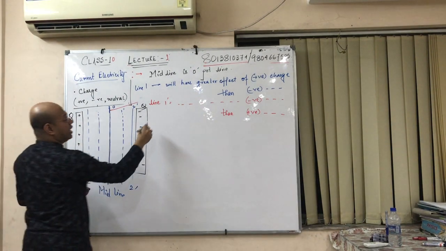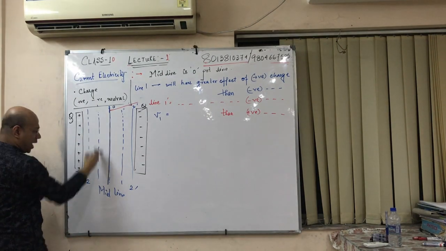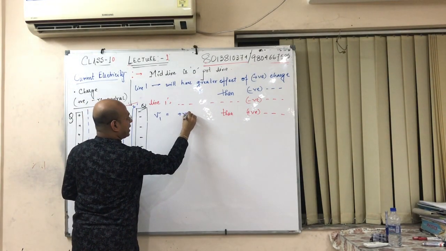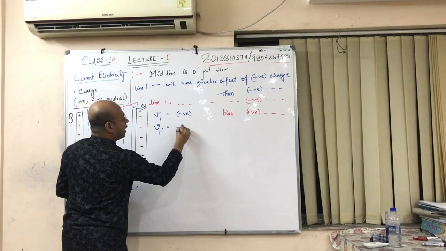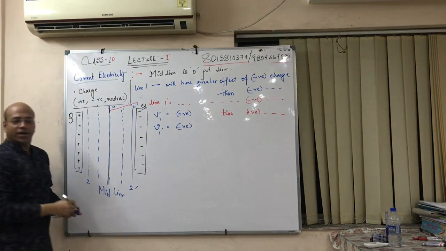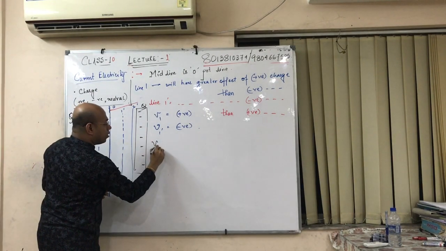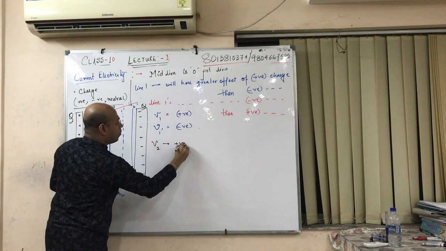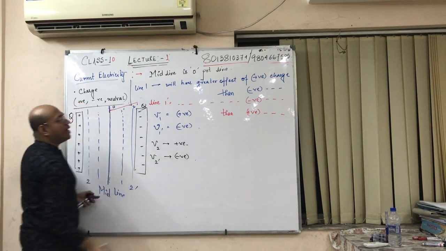Now, can we say, sir, V1, the potential of line 1, is positive and the potential of line 1 dash is negative. Perfect. Now we move further to line 2. So V2 is also positive and V2 dash is also negative.